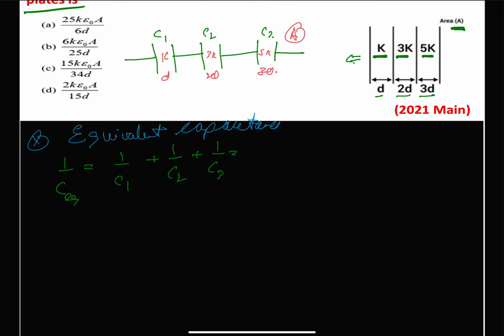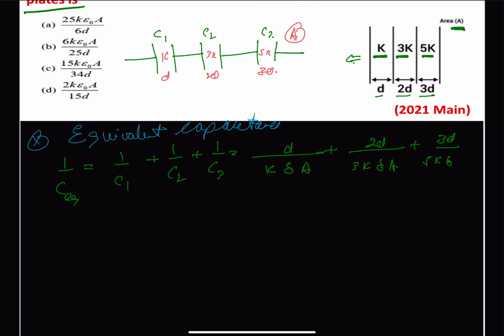C1 is K epsilon naught A divided by D, plus C2 is 3K epsilon naught A divided by 2D, plus similarly this will be 3D, and we have 5K epsilon naught times A.